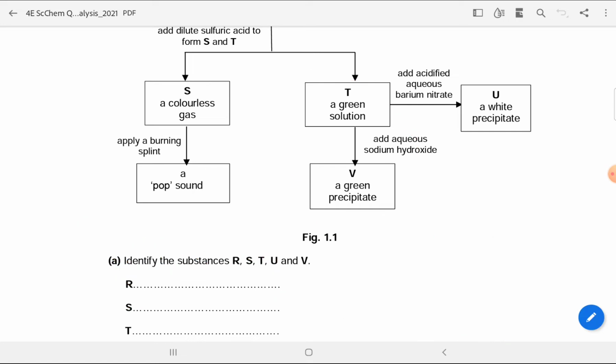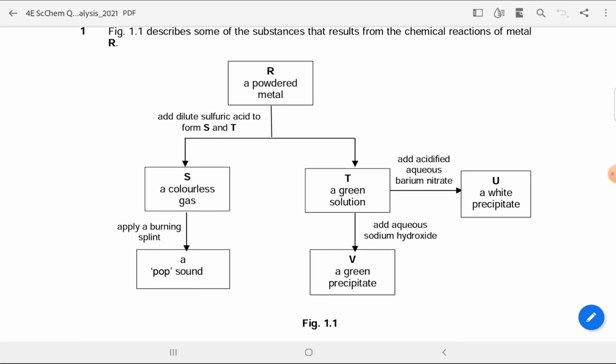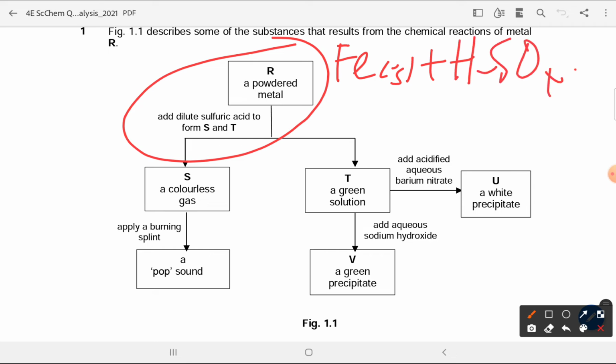Now the last possible answer is actually this part, the iron metal and the sulfuric acid. So iron Fe, which is a solid, plus sulfuric acid H2SO4, which is an AQ. Pardon me for my handwriting.